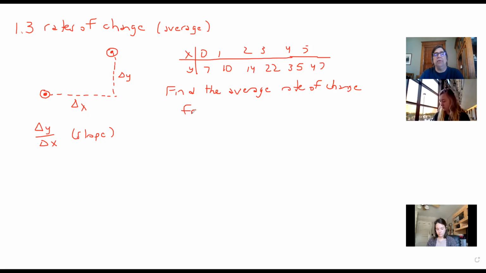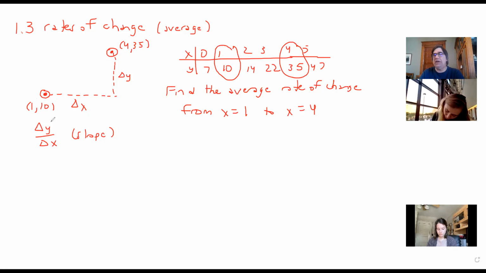So the starting point would be given to you, and the ending point would be given to you. So if I change my 1 and I change my 4, my answer is not necessarily going to be the same. So how do you calculate the average rate of change of this function from x equal 1 to x equal 4? You're going to need to know the corresponding outputs. So if we go back to the picture here, this could be the point (1, 10). This could be the point (4, 35).